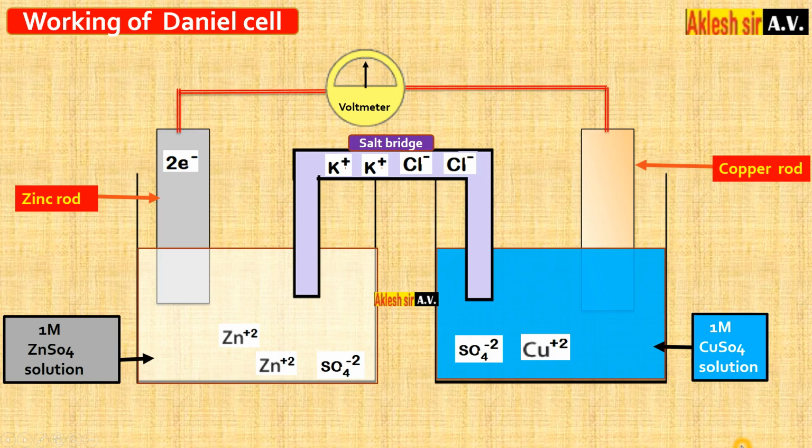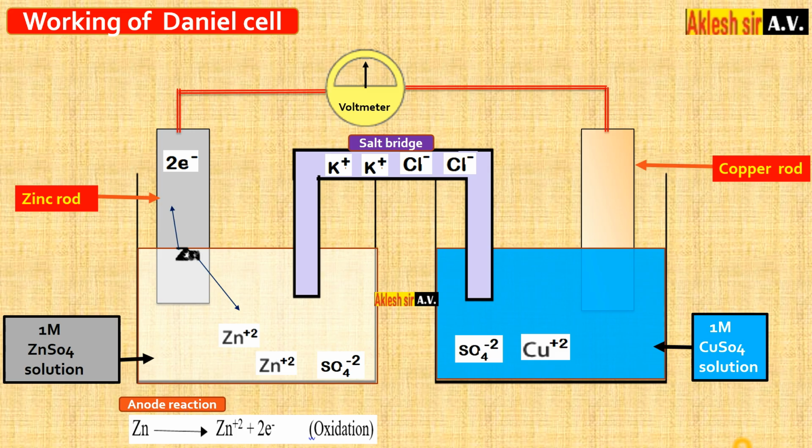So what is the reaction? Zinc donates 2 electrons and forms Zn+2 ion. So below is the anode reaction: zinc forms Zn+2 ion and 2 electrons are donated.